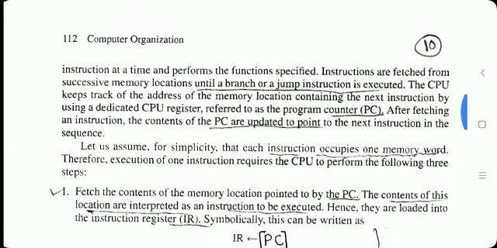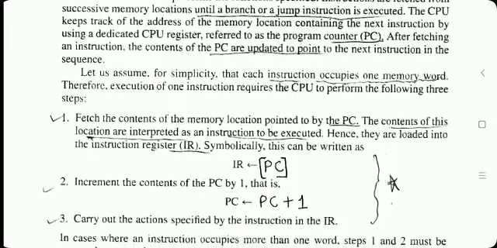According to that, there are 3 steps to execute an instruction. First, fetch the contents of the memory location pointed to by the PC. As the PC stores the address of the instruction, it is necessary to fetch the contents of that location, and the contents of that location are the instruction to be executed.